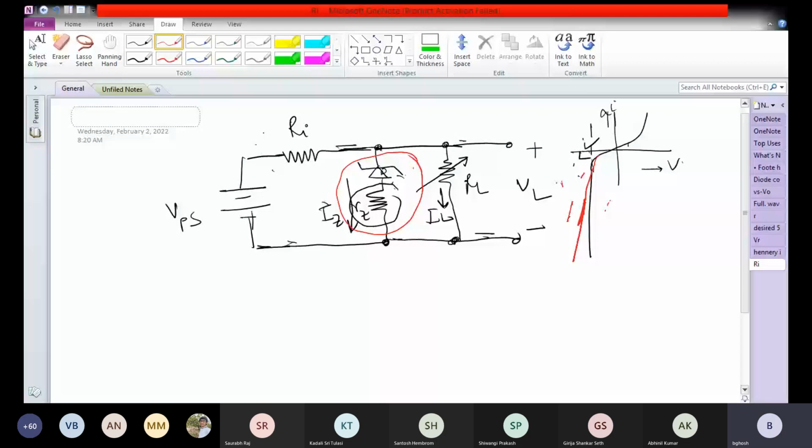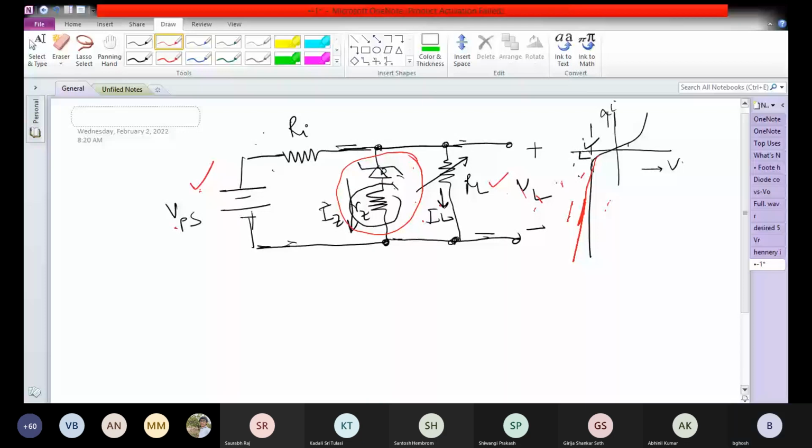So therefore, what will be its effect? In the previous example we saw that though the RL varies, and though the VPS varies from VPS min to VPS max, and RL varies such that IL varies from IL min to IL max, the output voltage VL remains constant. That we saw in the previous example.